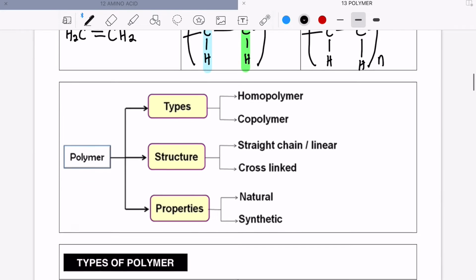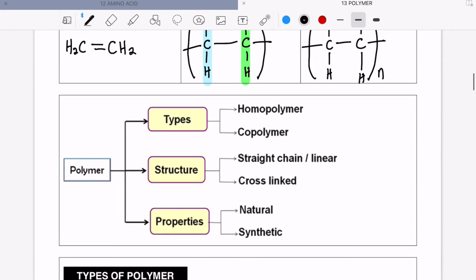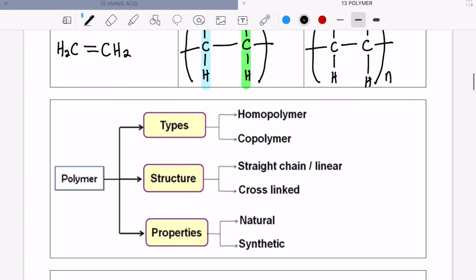Now this is the polymer. Okay, we have two types of polymer. We have homopolymer and we also have copolymer. And in terms of structure, we have two types of structure. We have straight chain structure, and also we have cross-linked polymer structure. Properties, we have two types of properties. We have the natural and we have synthetic polymer. So let's see what all these things are about.